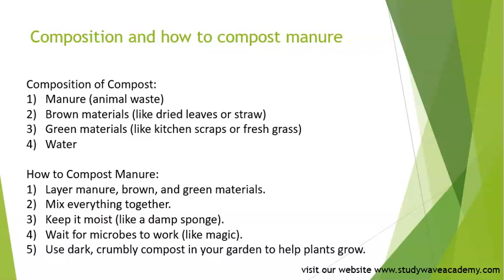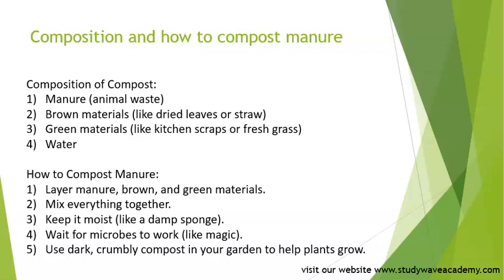Then you get the brown materials, dry leaves, or straws, or shredded paper, newspaper. When you get that, you then get green materials like kitchen scraps or fresh grasses. Then you get water because the compost needs to be kept moist, okay?